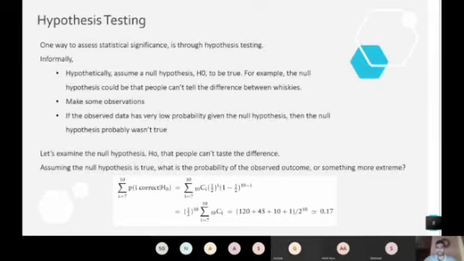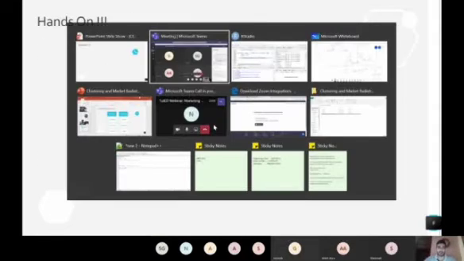You'd say that this is not a significant difference, because with 17% probability, you can get this from randomness. That's what hypothesis testing is all about.